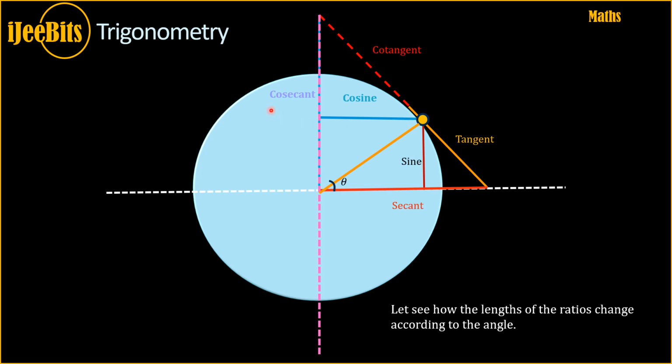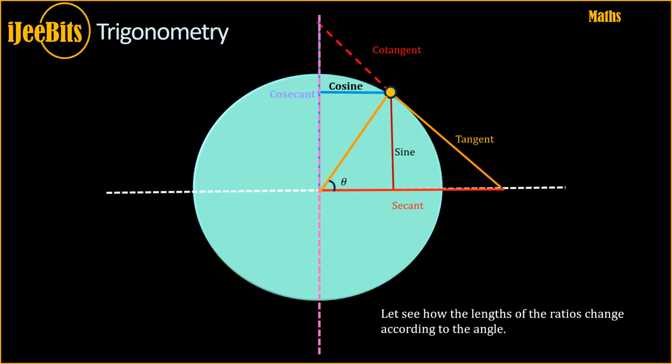Similarly you can observe cosecant and secant, right? So based on your theta change, all the lengths may change.